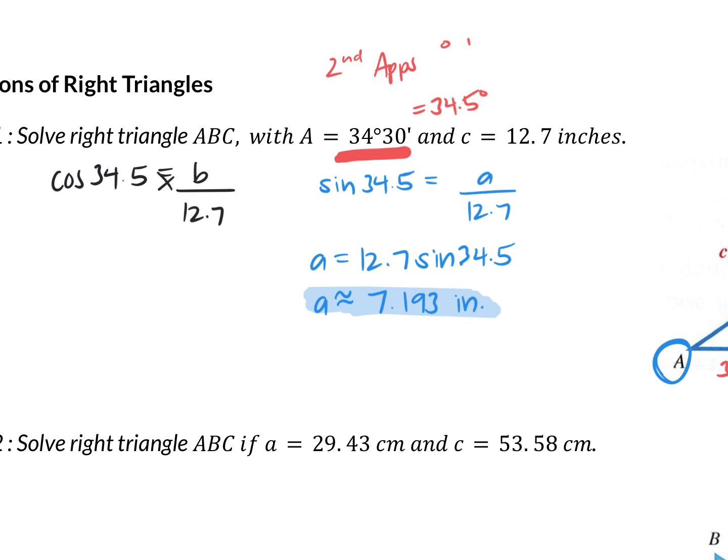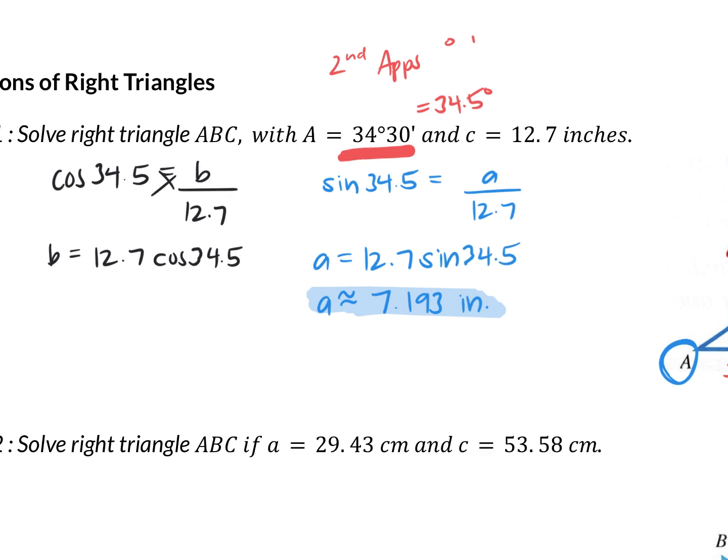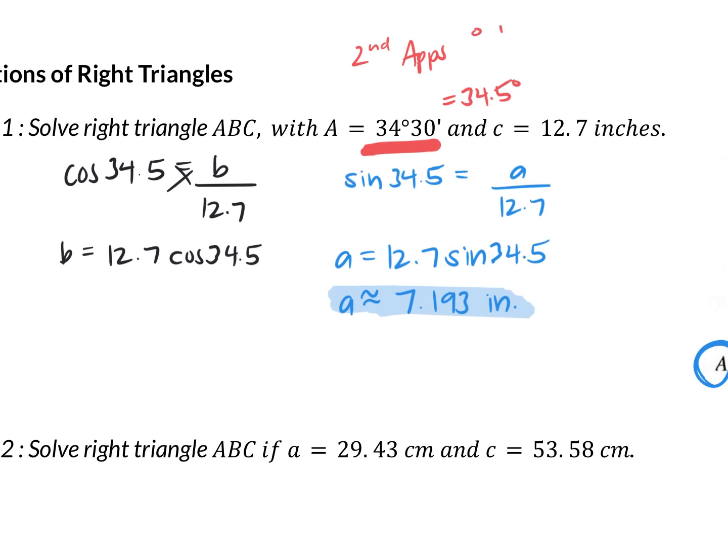Same thing, cross multiply here. And I get that B is equal to 12.7 times cosine of 34.5. And if you plug that into your calculator, we should get 10.466 inches.